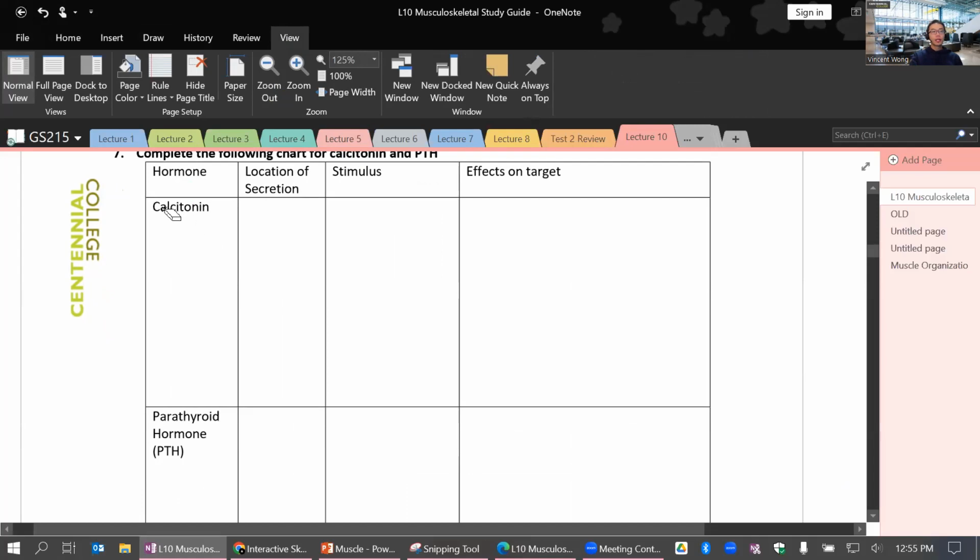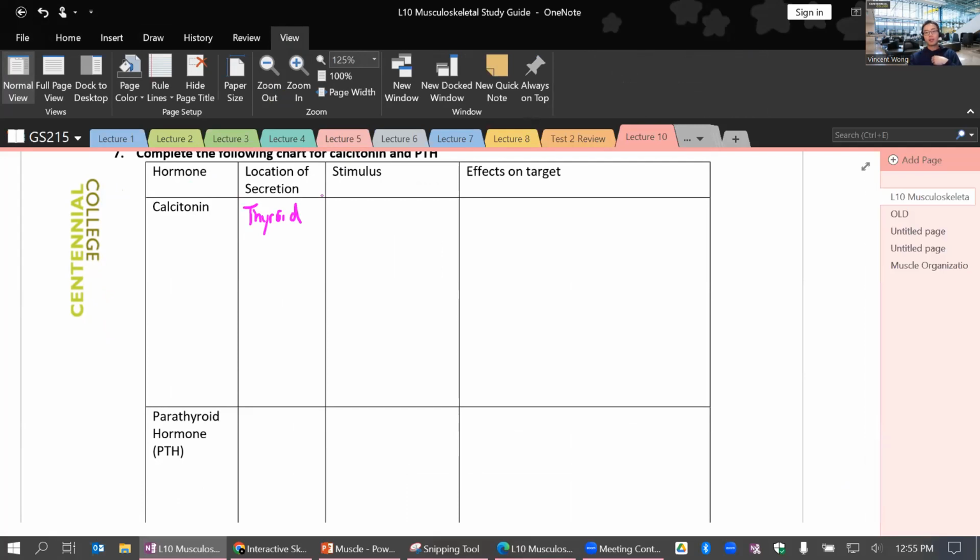So calcitonin is secreted from your thyroid gland. Your thyroid gland is right here. Don't confuse the thyroid with the thymus. The thymus is the one that's in front of the heart. That's the one where the T cells come from.